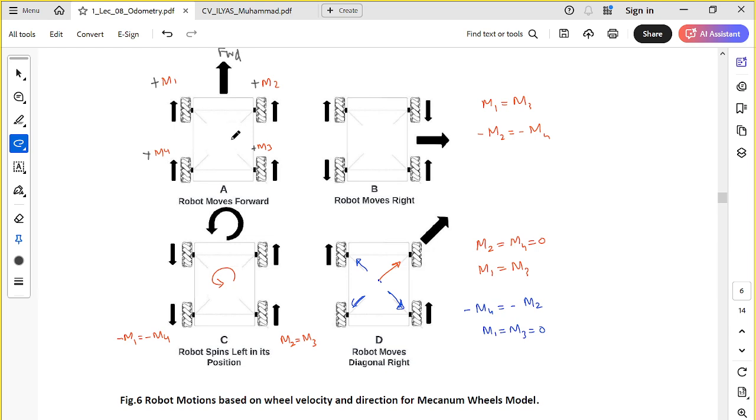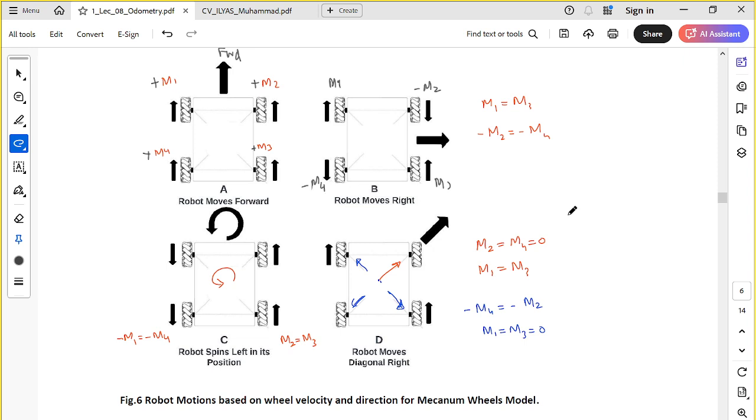So, we can achieve simple forward and backward motion just by changing the direction of rotation of the motors. If you want to move your robot to the side, you keep M1, M3 in the forward direction and change the direction of M2 and M4 to minus.